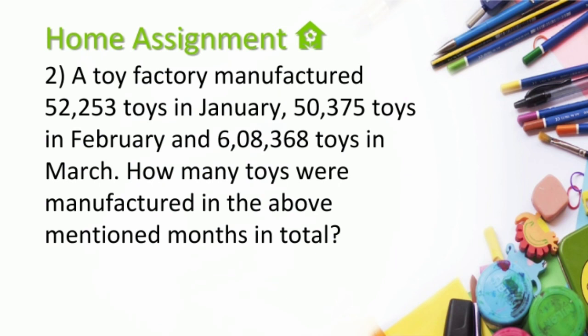A toy factory manufactured 52,253 toys in January, 50,375 toys in February, and 6,08,368 toys in March. How many toys were manufactured in the above mentioned months in total?